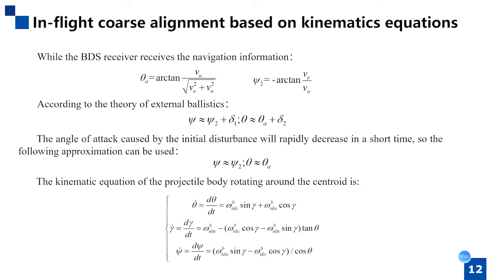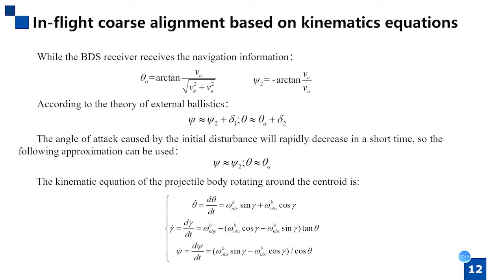Then this paper gives the specific derivation process. The position and the velocity of a projectile can easily be obtained from BDS. Due to the characteristics of the trajectory, the pitch angle and yaw angle can be calculated.